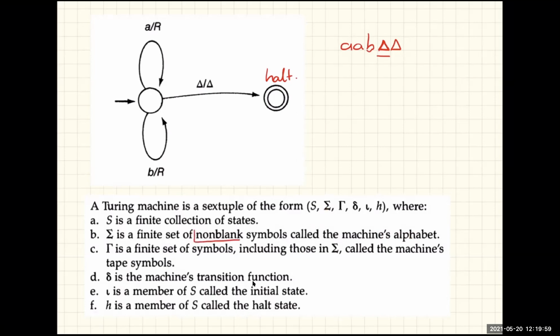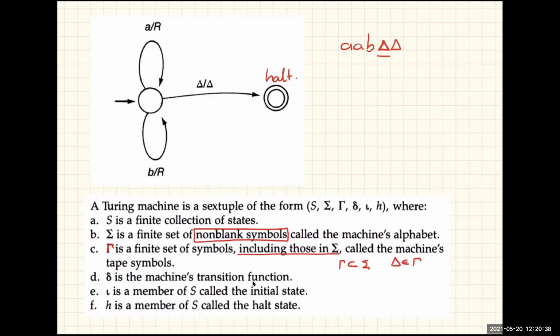So that's why it says non-blank symbols for sigma. And similarly, as pushdown automata, we will have a gamma here, an uppercase Greek gamma, that is a finite set of symbols, including those in sigma, meaning that sigma will always be a subset of that, and that are called the machine's tape symbols. And always this symbol will belong to gamma, which is the blank symbol.